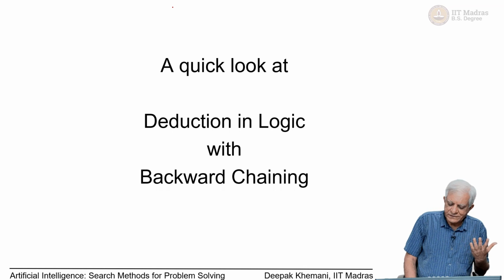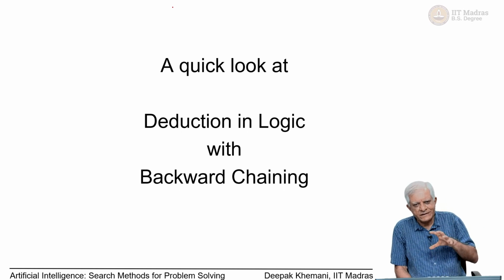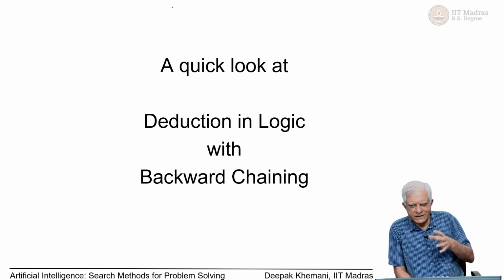It can be done either by forward chaining, which means going from the start state, which in the case of logic is the given knowledge base, to the goal node, which means what you want to prove, or as we will see here, you can go from the goal node towards the start state.